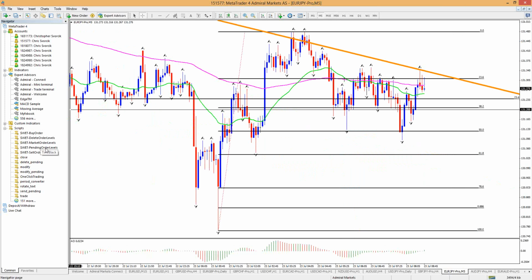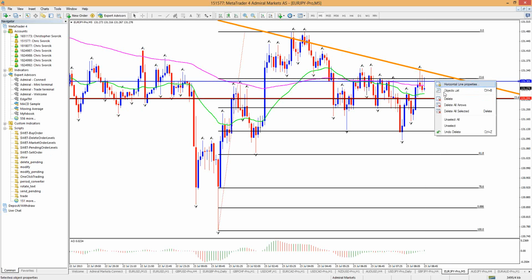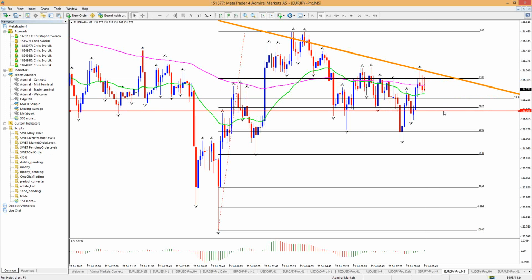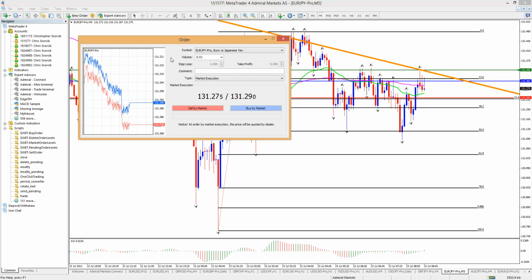So I'm going to put a market order here. Not a market order, a pending order, sorry. Now, we have to realize that breakout trades could definitely be more risky nowadays. Take a look at the spread. The spread is only less than a pip.